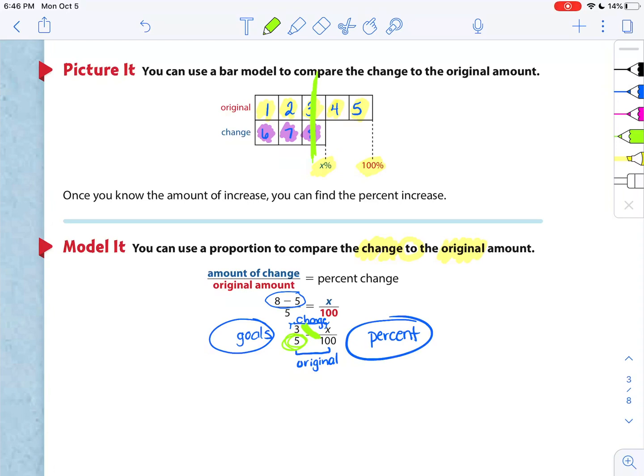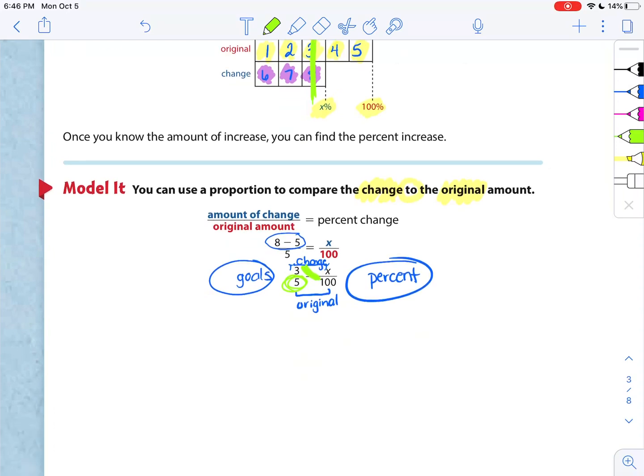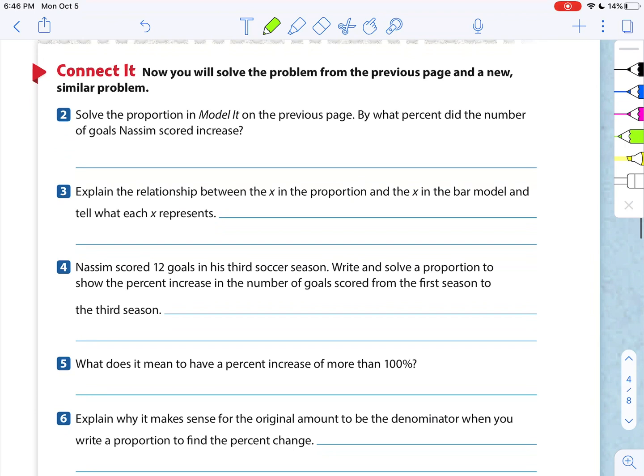Let's look at a few questions that help think this through with us. Solve the proportion and model it on the previous page. So the proportion on the previous page that we just talked about, 3 to 5 equals what to 100?